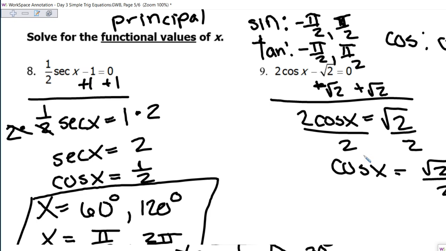45 degrees. So we want all angles that have a reference angle of 45 degrees. But if I'm talking about cosine, again, it has to be between 0 and pi. So what would be my first answer? 45 degrees, which is pi over 4, and 135 degrees as well.